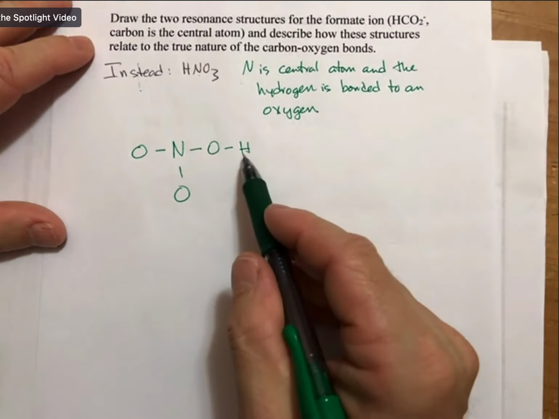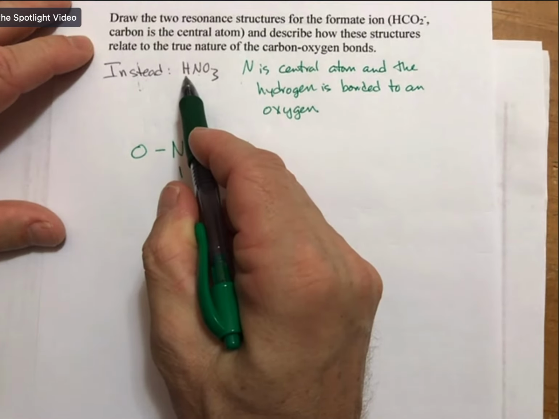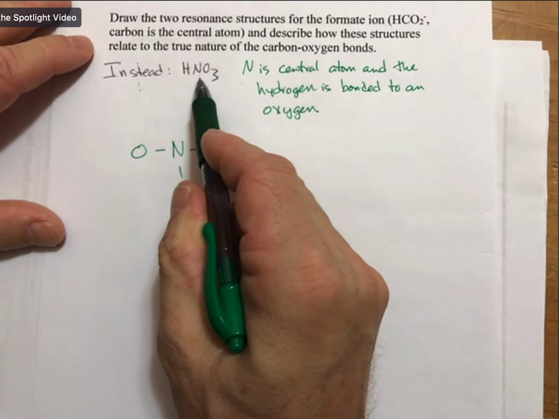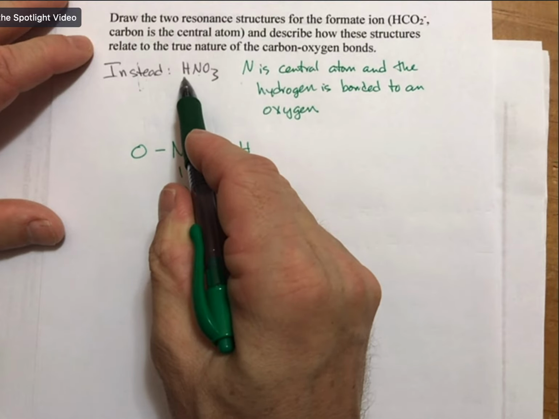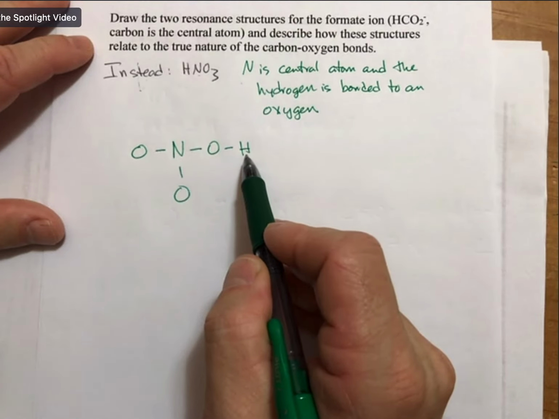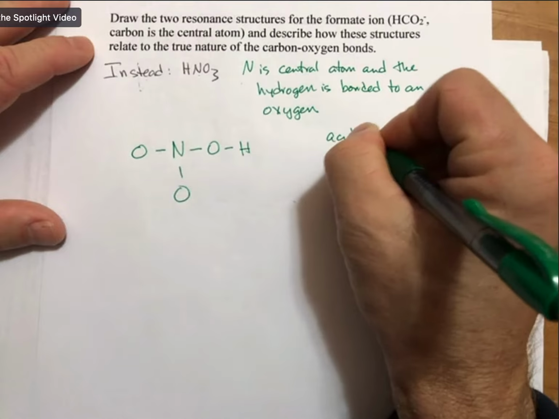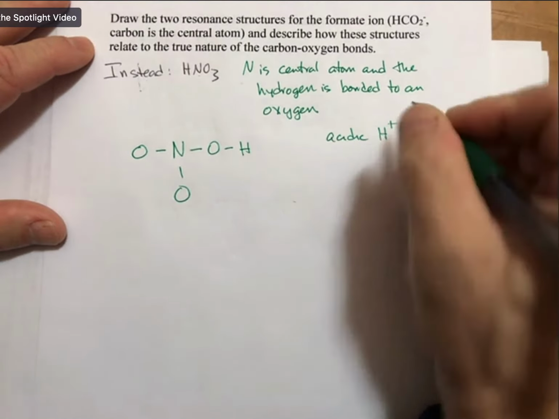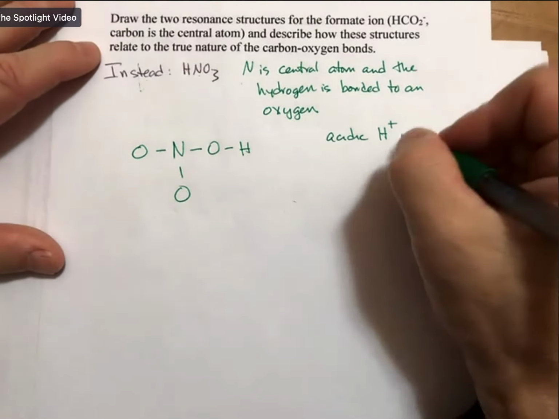It turns out that many, so this we know, what do we know about this? This is a strong acid. That means that this H plus is going to come off 100%. And typically those acidic H's or H pluses are bonded to oxygens.